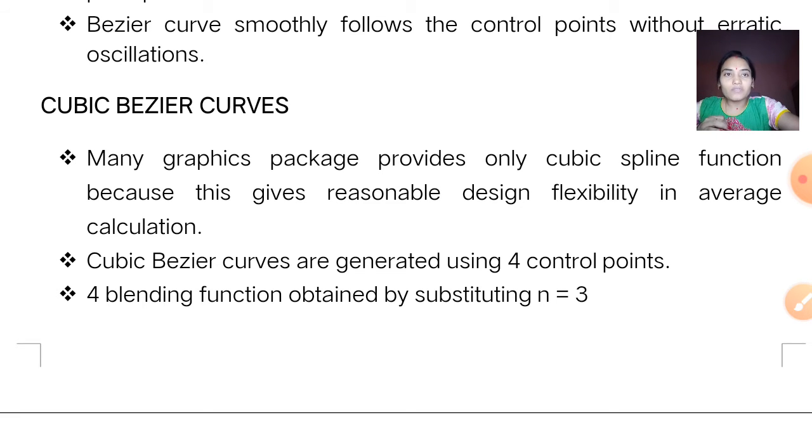Cubic Bezier curves are generated using 4 control points. How many control points are there in a cubic Bezier curve? Four. The 4 blending functions are obtained by substituting n equals 3.